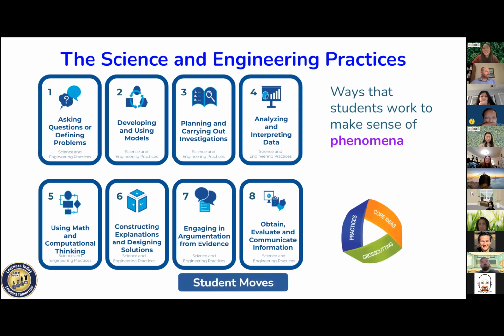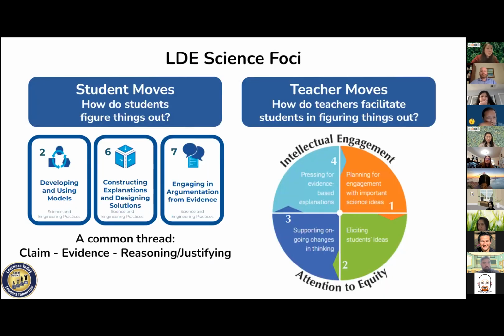Yes, the student moves, thank you. The student moves, SEPs 2, developing and using models, 6, constructing explanations and designing solutions, and 7, engaging in argumentation from evidence. And that common thread across all 3 is the claim, evidence, and reasoning. And so these are our student moves.